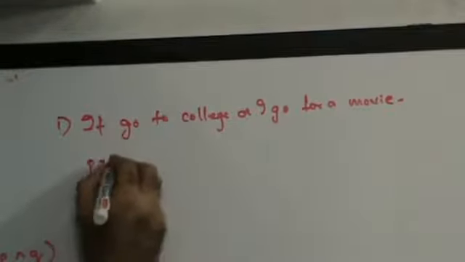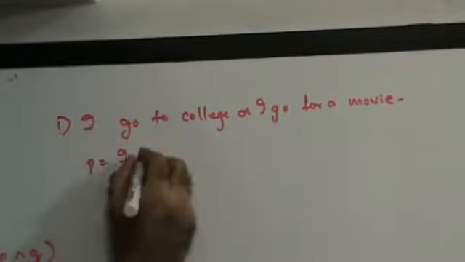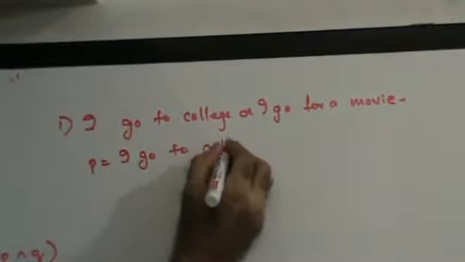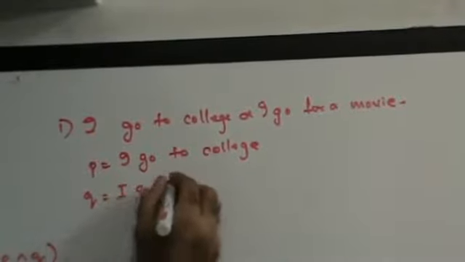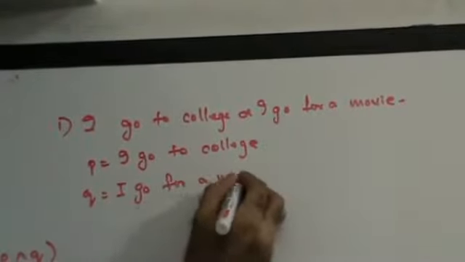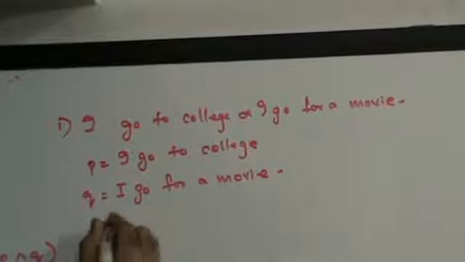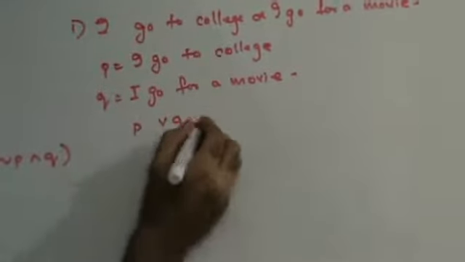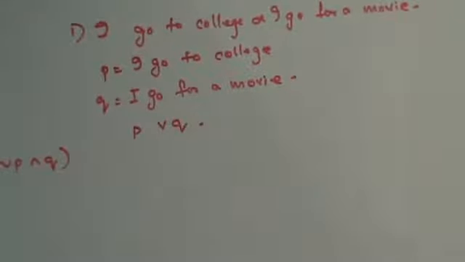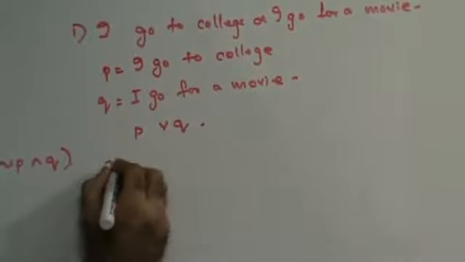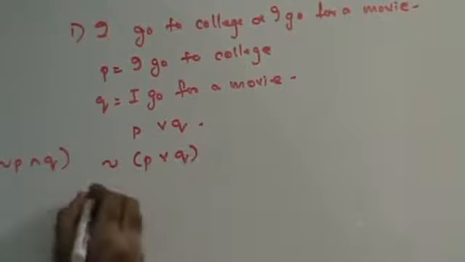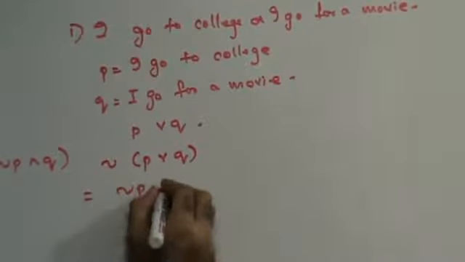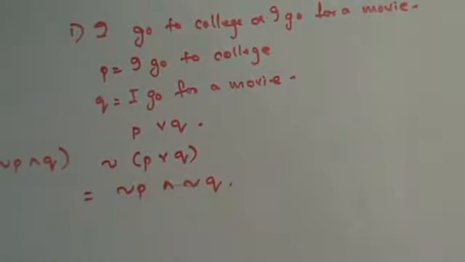Let's assume that P is I go to college. Q is I go for a movie. They've given me P or Q. They've asked me to make the negation of this. So what will be the negation of P or Q? Negation of P or Q will be not P and not Q.